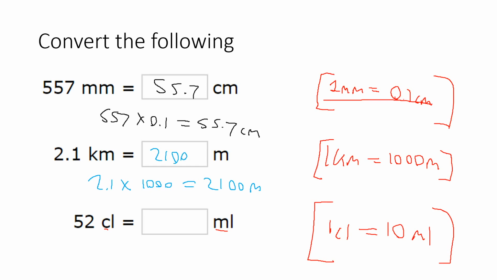And finally, using this ratio, we know that 52 times 10, that's just going to be 520 milliliters. Okay, so it's all about using the conversions to find what 1 unit is, and then we just times it by that.